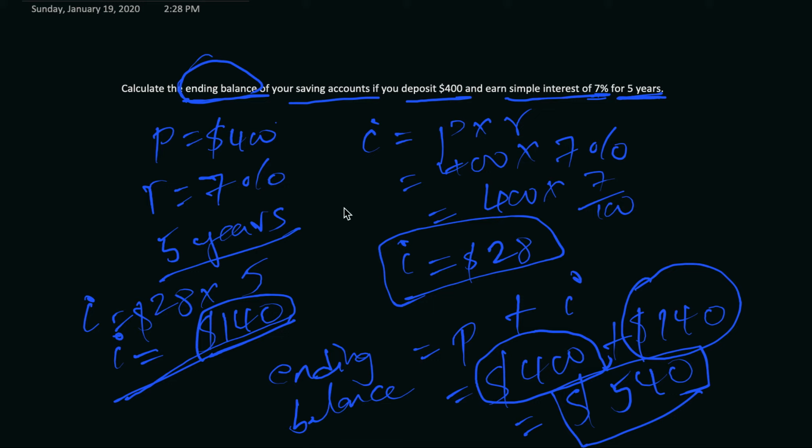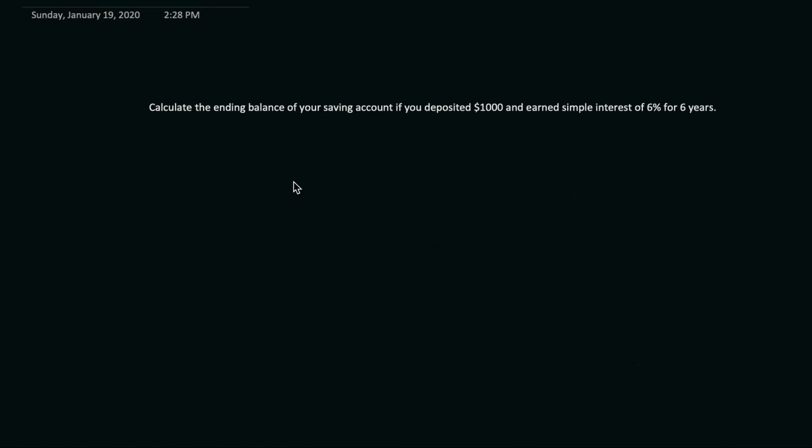We can do one more example, for more practice and to see how easy this whole concept is. Let me pull another example. Great, so this is similar to what we discussed prior. Again, we have to calculate the ending balance of the savings account. If the initial deposit is $1,000 and we earned a simple interest of 6% for 6 years.